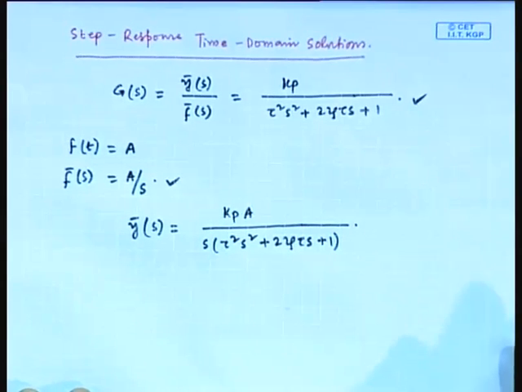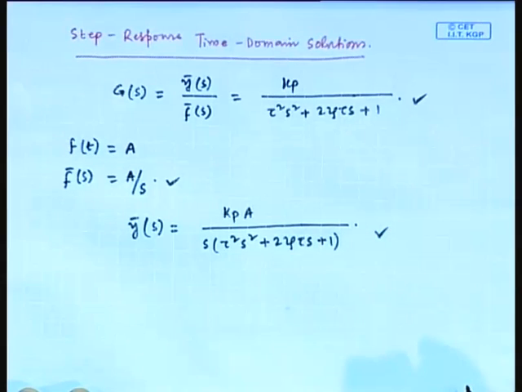Now, we will take the inverse of Laplace transform of this expression to obtain output in time domain, I mean y(t). We already considered 3 different cases depending on the value of zeta. One is overdamped, second one is critically damped, and third one is underdamped. So, we will get 3 different expressions of y(t) for these 3 different cases.